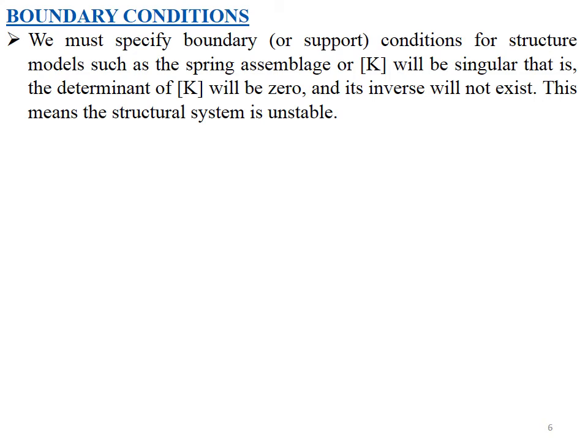So boundary condition means where the structure is fixed, what type of structure it is, how it is fixed, which end is fixed, and where the load is applied. All this comes under the boundary conditions.